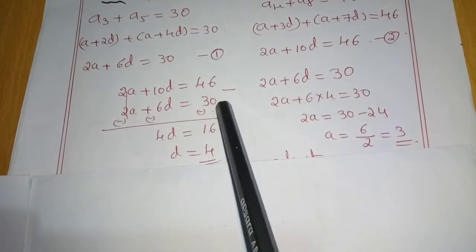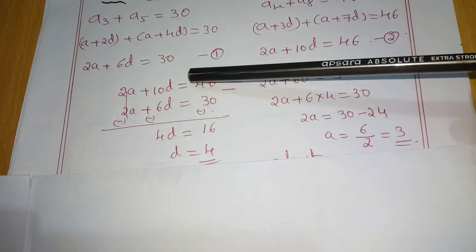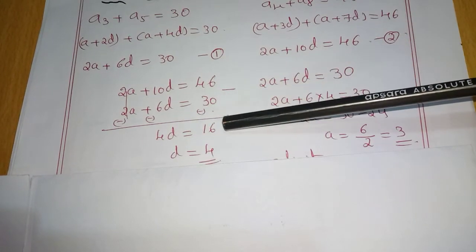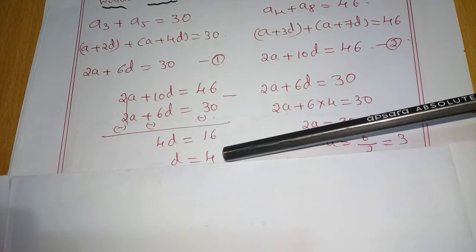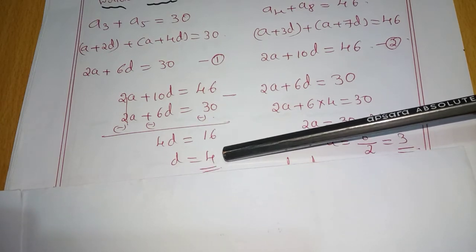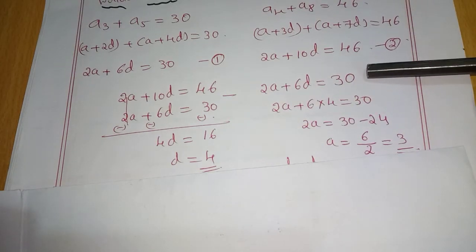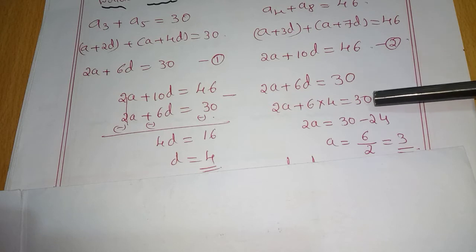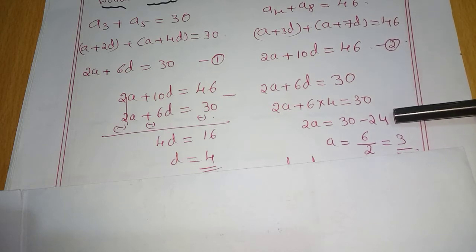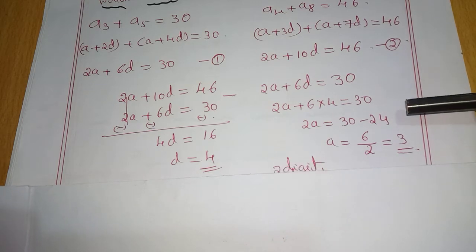Change the sign of the second equation. 10D minus 6D is 4D. 46 minus 30 is 16. D is equal to 4. Next, substitute in 2A plus 6D is equal to 30. 2A plus 6 into 4 is equal to 30. 2A is equal to 6.